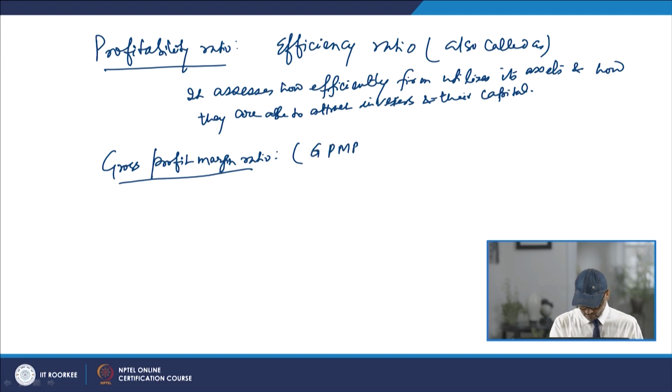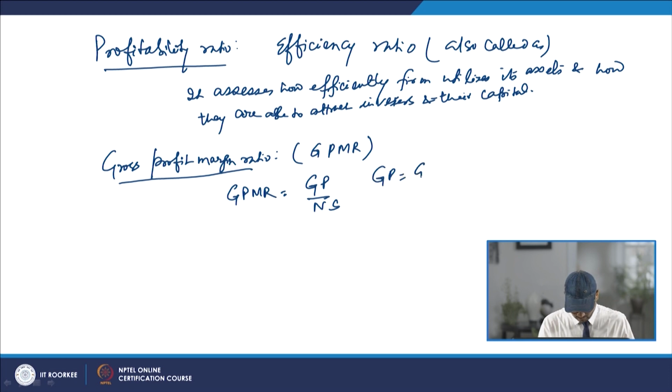All these ratios are a ratio, so you will have something in the numerator and something in the denominator. In this case, the GPMR is basically the ratio of GP and NS. GP is the gross profit.